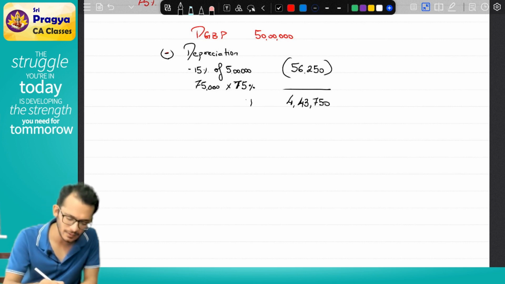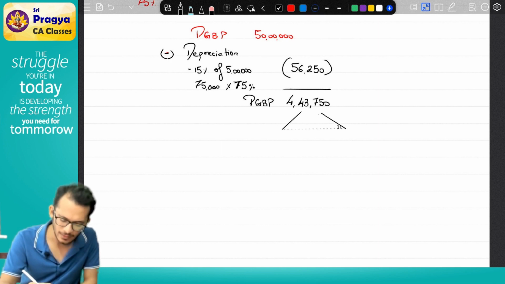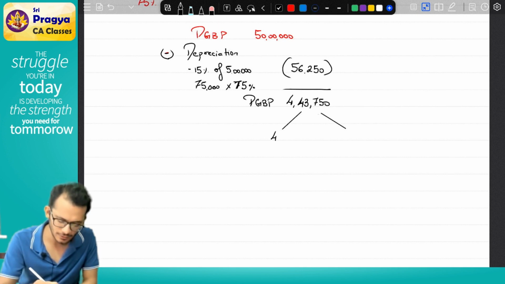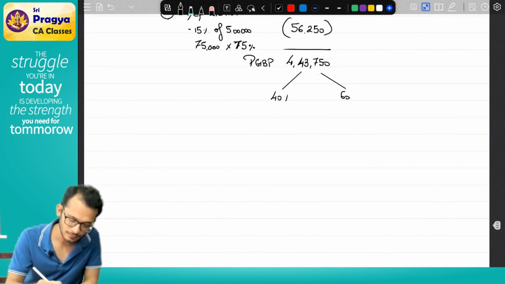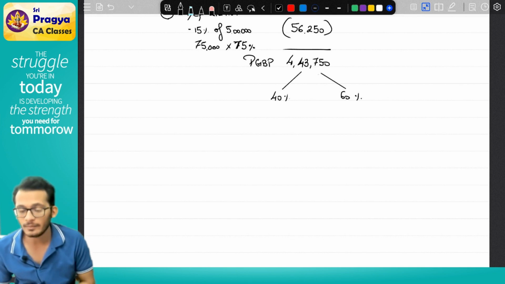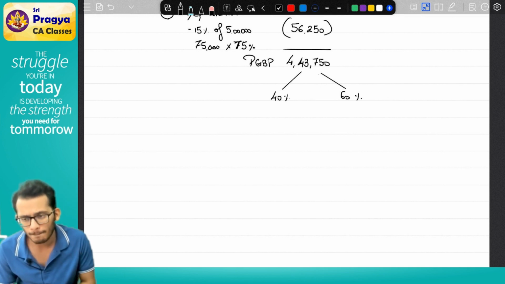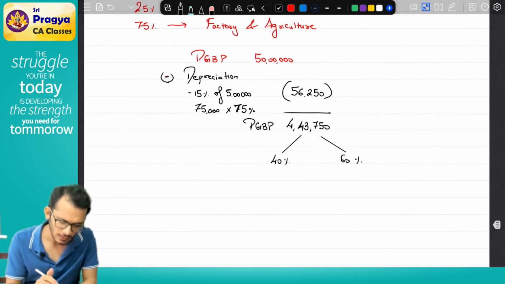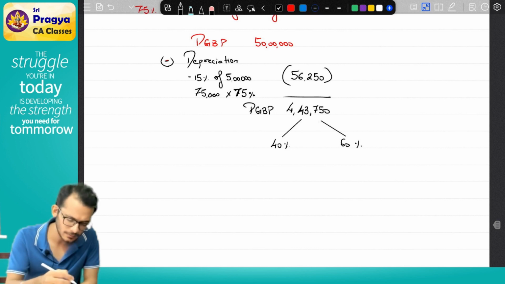Now, Rahul, is this my PGBP income? No. I need to split this into business and agriculture. Ratio is 40-60. PGBP income is 50 lakhs minus 56,250. How much is the number?